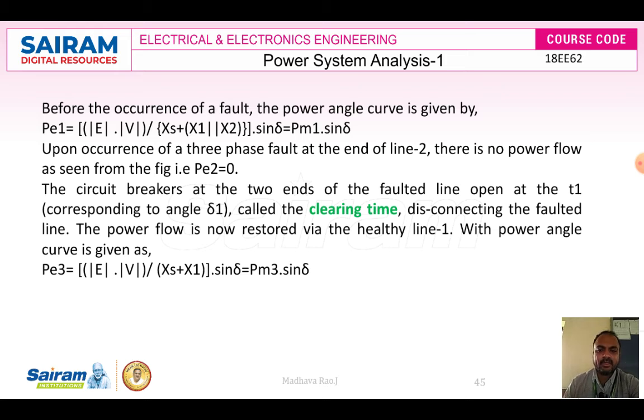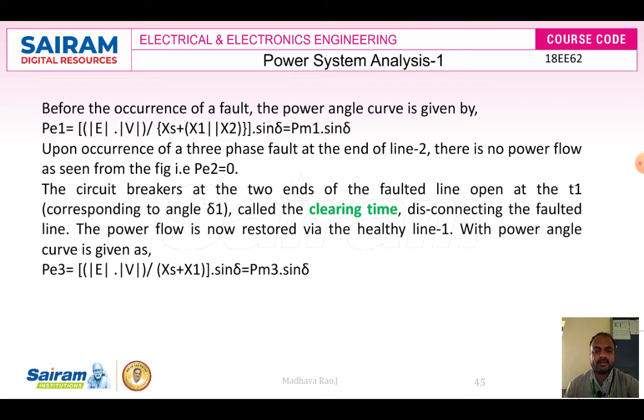The circuit breakers at the two ends of the faulted line open at t1, called the clearing time. After disconnecting the faulted line, the power flow is restored via the healthy line 1, and after clearing, PE3 is equal to modulus of E into modulus of V by xs plus x1.